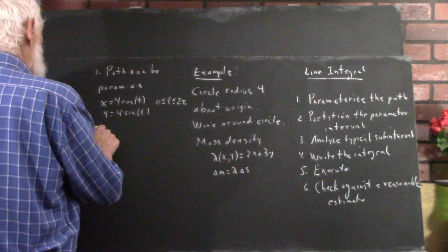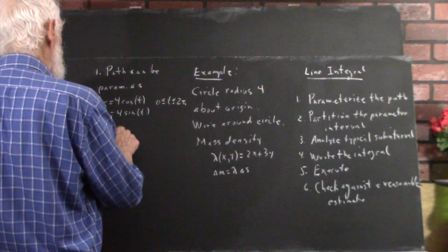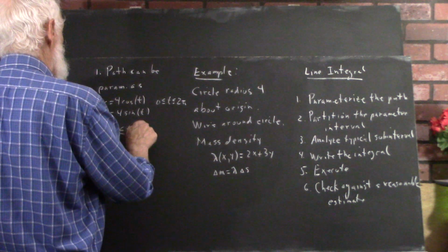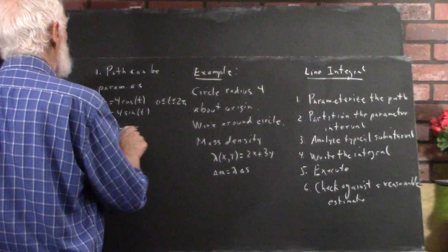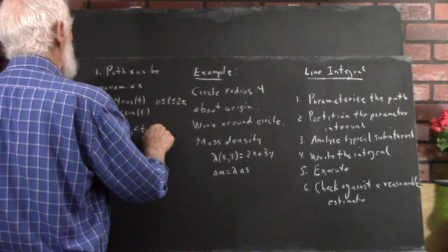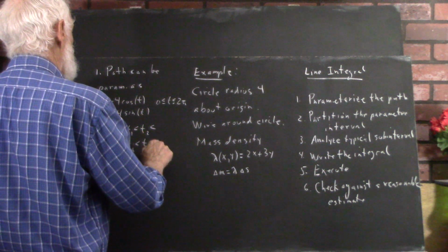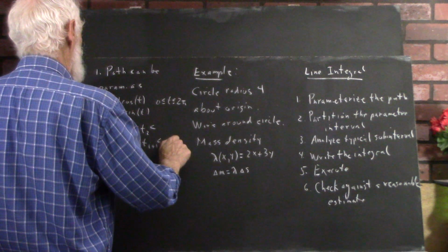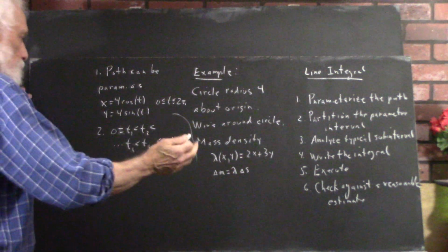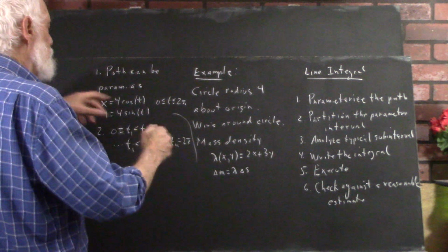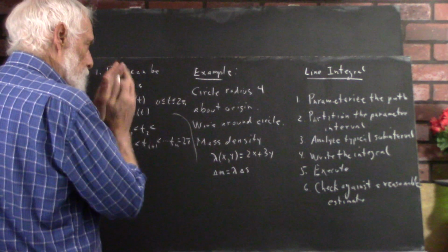Okay, so 2, we partition the path. Okay, well, zero equal to t1, less than t2, less than, etc., up to t sub i, and then you've got t sub i plus 1, and so forth, up to t sub n, which equals 2 pi. Notice you have this parameter interval. You think of it as an interval along a t-axis, which is totally independent of your xy plane, and you partition that interval.